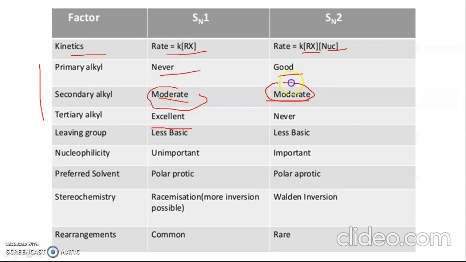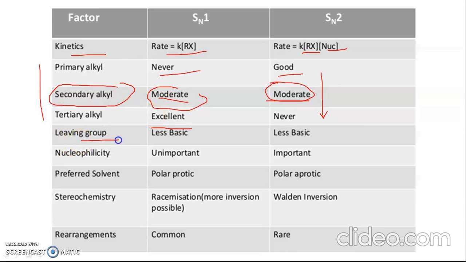For SN1, as we move from primary to tertiary, because of the stability of the carbocation, the reaction rate gradually increases. On the other hand, in SN2, if you move from primary to tertiary alkyl halide, it falls down. So secondary alkyl halide is always in between primary and tertiary in both cases, and that is the reason it is moderate for SN1 and SN2.